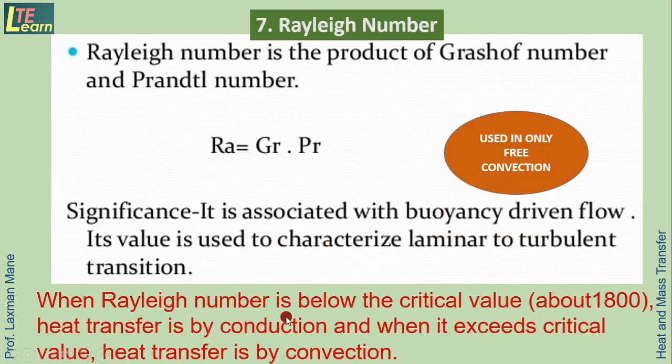When Rayleigh number is below the critical value, which is about 1800, heat transfer is by conduction, and when Rayleigh number exceeds the critical value, heat transfer is by convection. Means the value of Rayleigh number decides the type of heat transfer, whether by conduction or by convection.